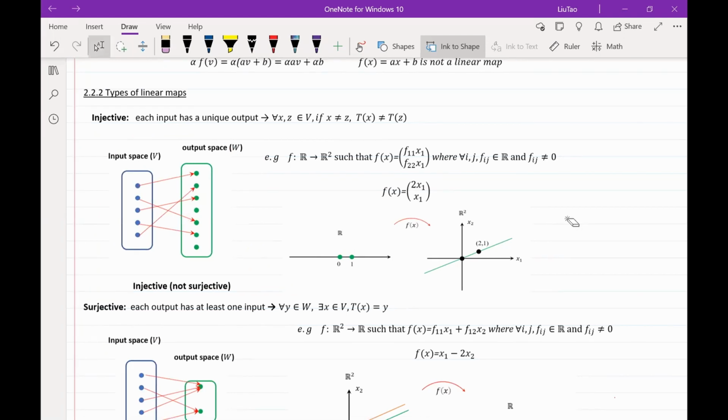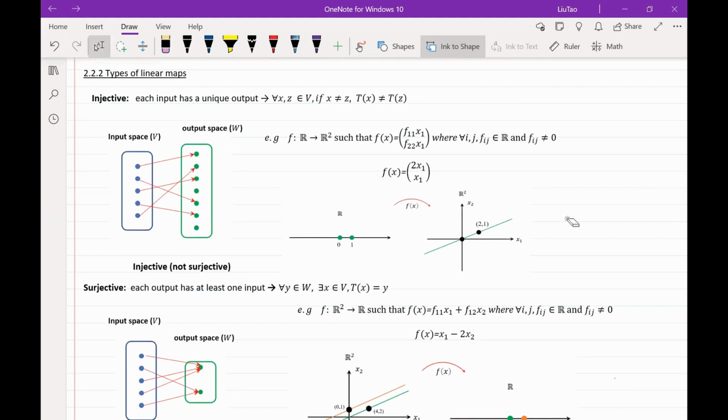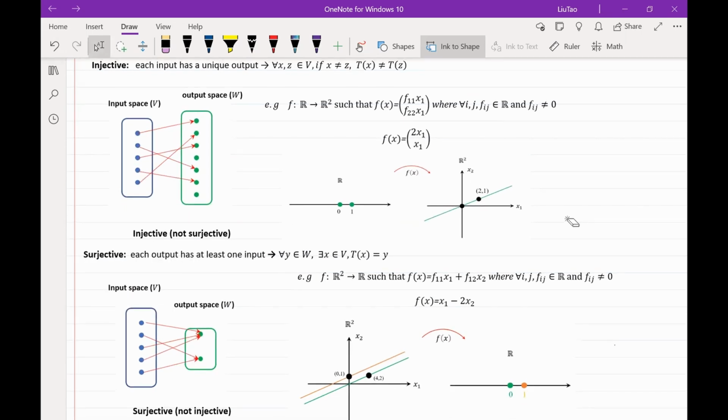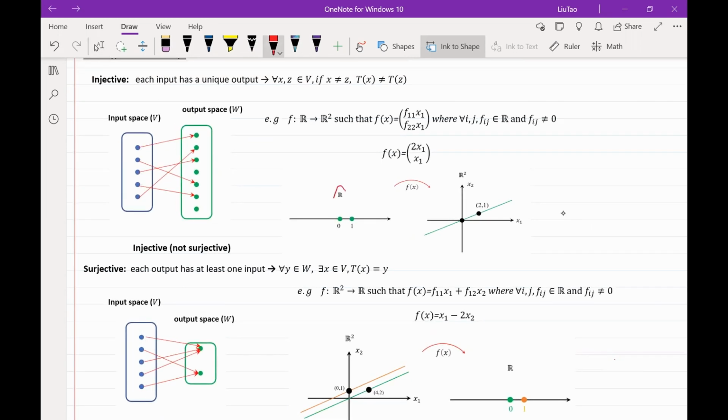Now let's take a look at another example. If we have a function from R to R2, in order to visualize this, let's assume f(1) is equal to (1, 2) and f(2) is equal to (2, 1). Then we can see the elements of R can be mapped into this line.